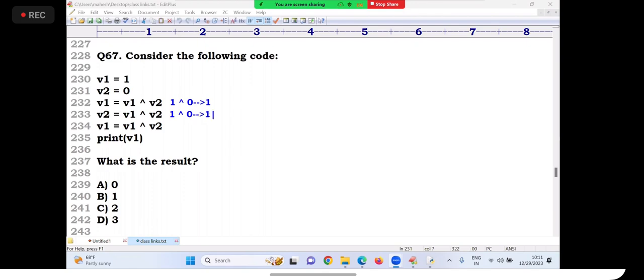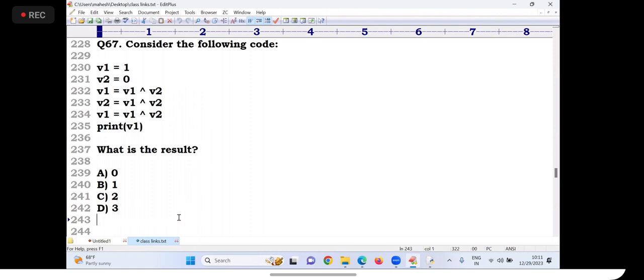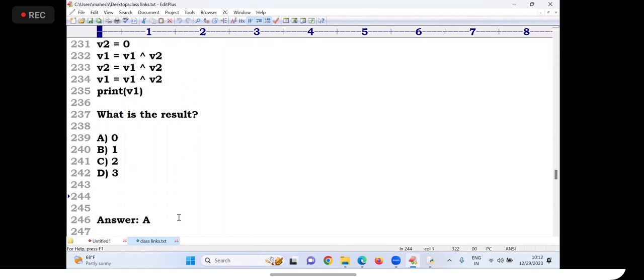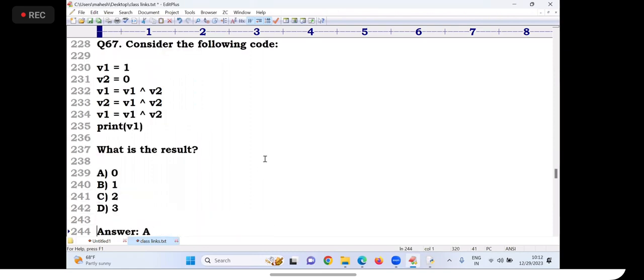Now V1 value 1, V2 value 1. Now come to here, 1 XOR 1. What is the output? Now who is telling B? So what is the output? A is the correct one. If any doubt is there, what is the answer? A is the correct one.